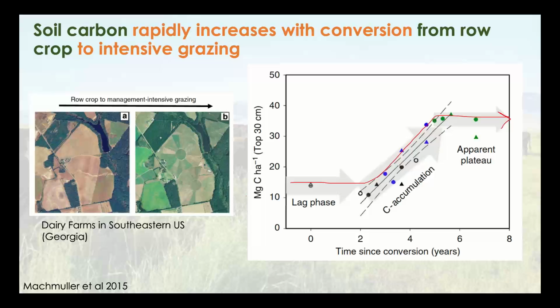And this carbon, of course, is part of the organic matter pool, which also has important benefits for soil health, so maintaining the cycling of that organic matter in the system. Not only did we find a large accumulation of carbon in the soil, but we saw water holding capacity and other soil health metrics improve.